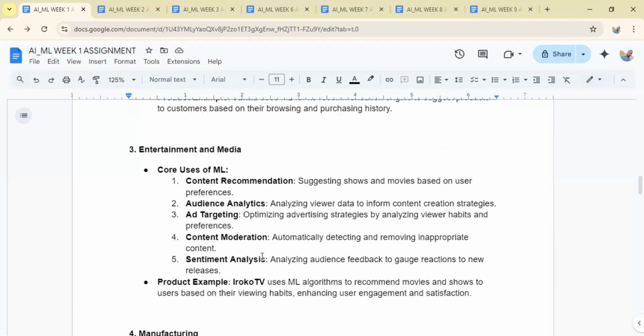The third is entertainment and media, where machine learning is used in content recommendation, advertisement targeting, sentiment analysis, etc. An example of a product that uses machine learning is Iroko TV, where they use machine learning algorithms to recommend movies and shows to users based on their viewing habits, enhancing user engagement and satisfaction. Also, we have Netflix, we also have Prime TV, etc. They use these machine learning algorithms to predict to customers the kind of movie they need to watch.